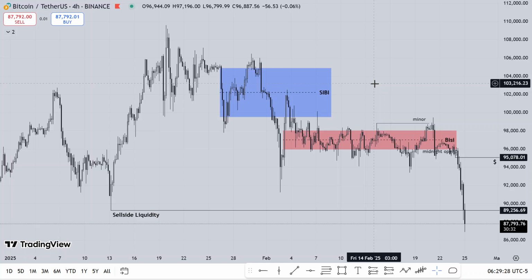Meaning, we are looking for a pool where you have a bunch of traders and speculators implementing this flawed logic as the truth. We are looking for that type of pool.